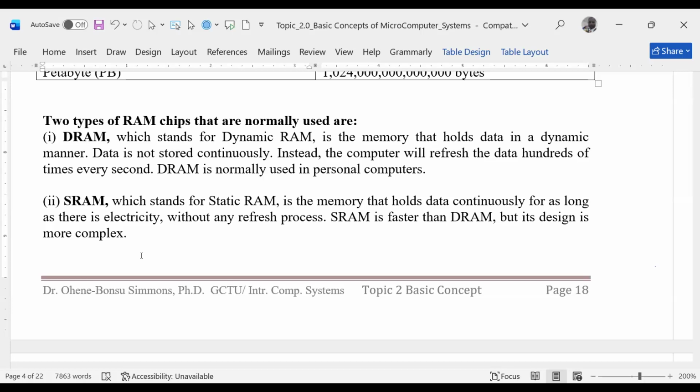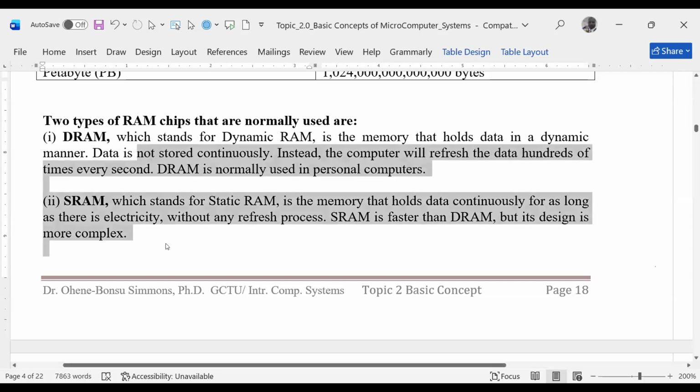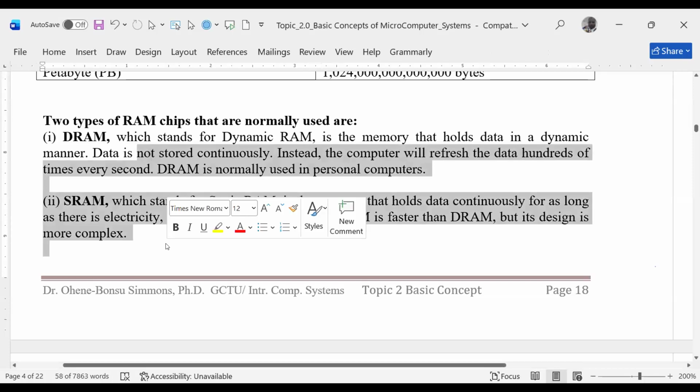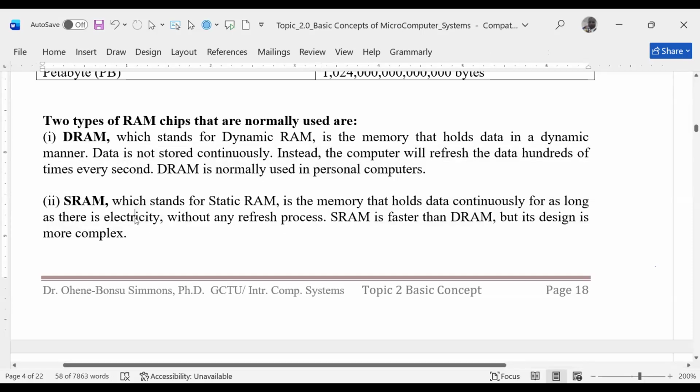And then the other one is called static. This part of the RAM holds your work as long as there is power. So when you are working, for example, what you can see on the screen now occupies static. When you type anything, you load something, that job occupies what is called static. The static holds your work as long as there is power. So put in mind that there are two types of RAM.